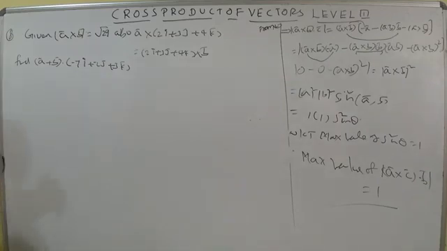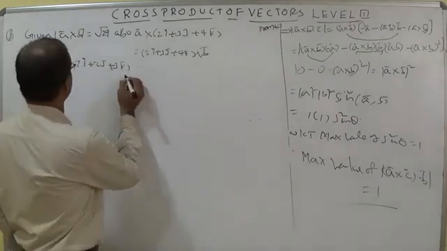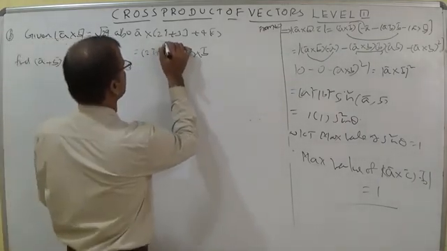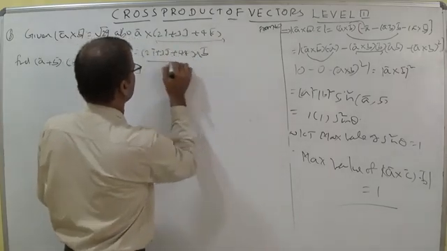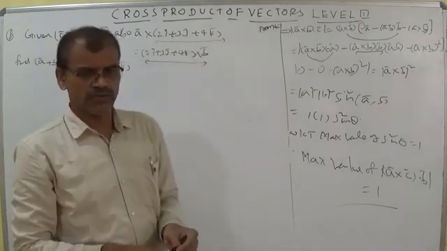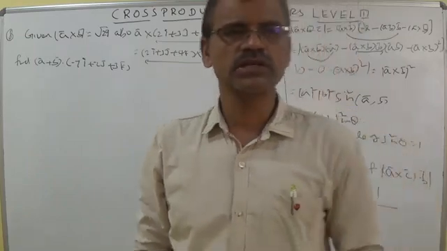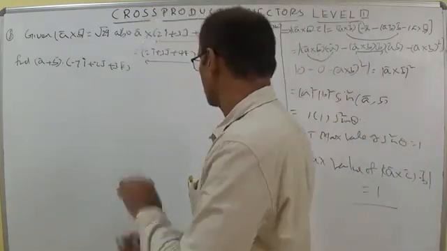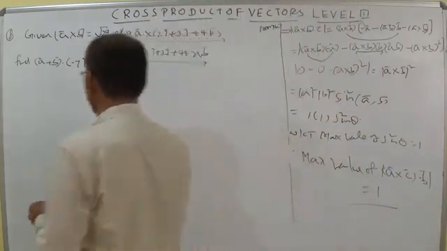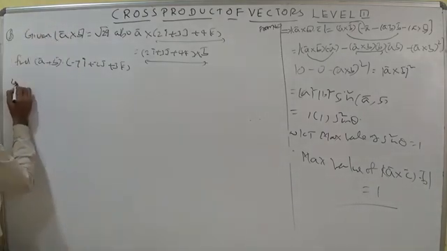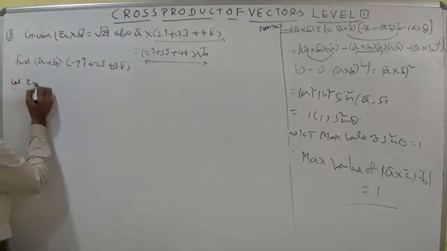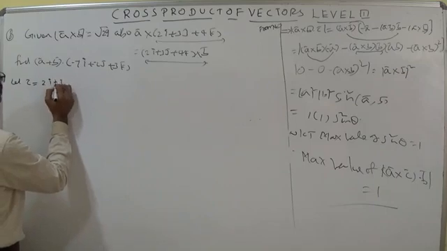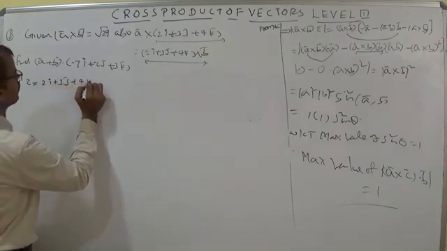Mod A cross B is equal to root 29 he given. Students, let the value 2i plus 3j plus 4k here be a vector C bar. Let me write, let C bar is equal to 2i plus 3j plus 4k.